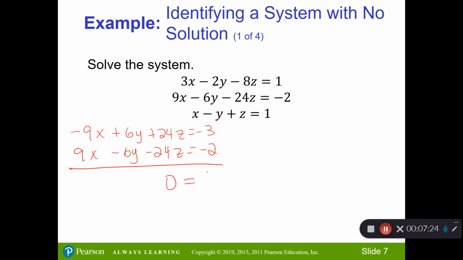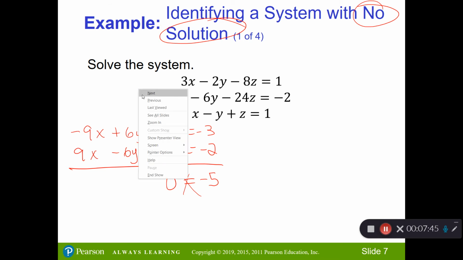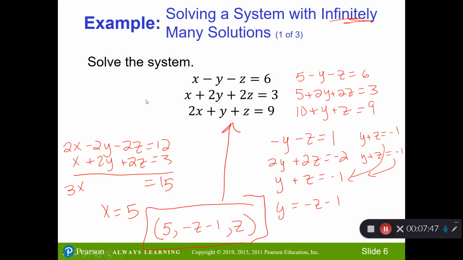But negative 3 and negative 2 equals a negative 5. This is an untrue statement. Whenever I end up with an untrue statement, I know it has no solution. We end up with no solution whenever we end up with an untrue statement. If I end up with a true statement, that's my infinitely many.